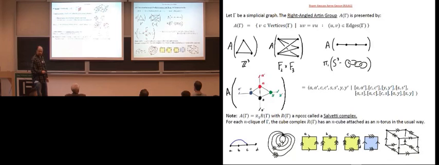It's a labeled graph. And then I attach a 2 cell for each relator. A and B commute, so I attach the 2 cell A, B, A inverse, B inverse, and I attach a 2 cell B, C, B inverse, C inverse, and so forth. So far I've created a 2 complex, and notice that it's built from squares.